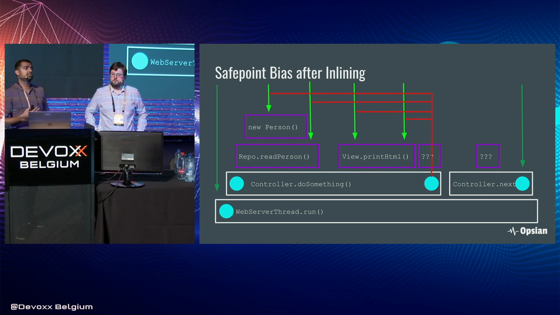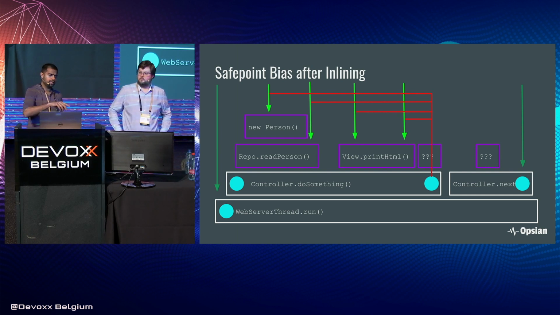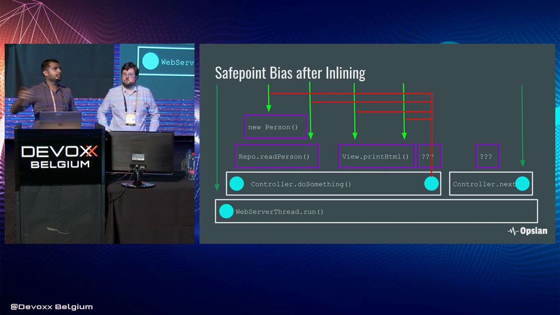And safe points are essentially, the way they're implemented is at the beginning and at the end of a method, and also inside certain types of loops. There are instructions added that cause the application to read a little bit of memory. It's the same location of memory each time, so it's a very, very cheap operation.